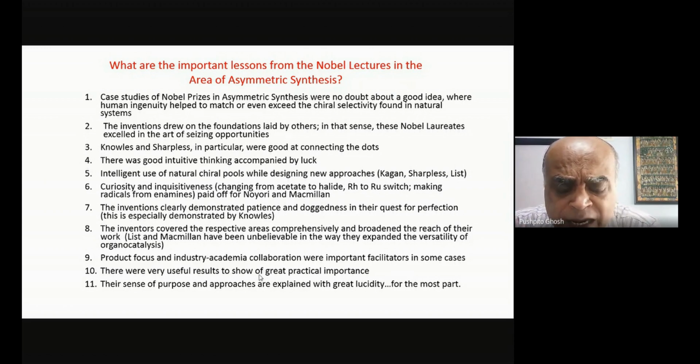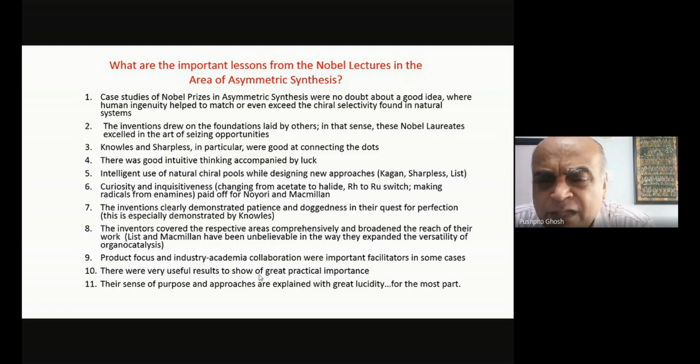Knowles focused on one product and tried to improve it to the maximum extent he could, but List and MacMillan and Noyori were people who really diversified the area. That's why they got the Nobel Prize. It was not because they did something extremely original to start with.